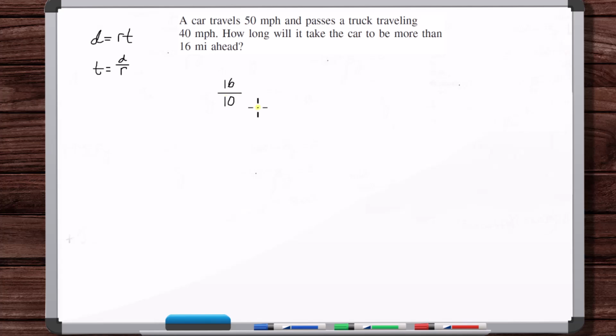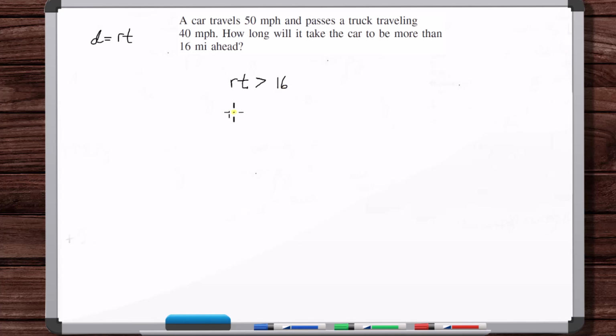Well, okay, hold up. I'm not really telling the story here. So how long will it take the distance to be greater than 16 miles? All right, RT is the distance. So when is RT going to be more than 16?